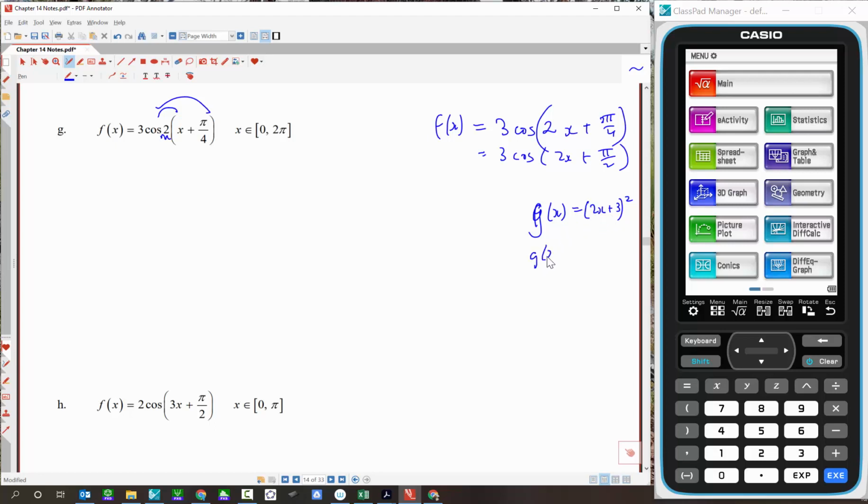In fact, if we want to see how far it goes to the left, we take 2 out as a common factor and say that that's x plus 3 on 2 all squared. And what that will do is actually move to the left 3 on 2, or 1.5.